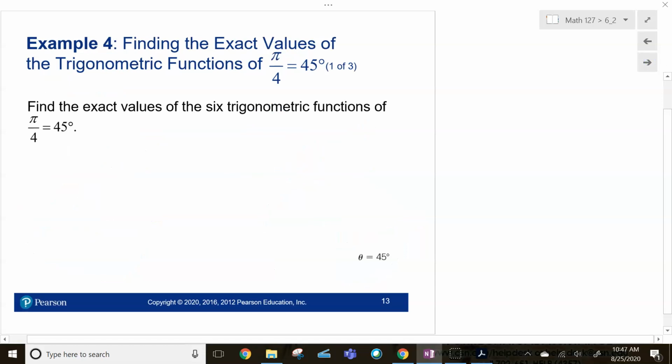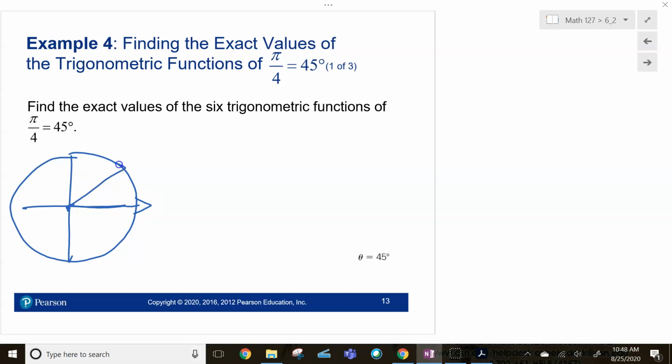All right, find the exact values of the 6 trig functions of pi fourths, which is 45 degrees. So now I'm going to rotate pi fourths. What's my point right here on the unit circle?